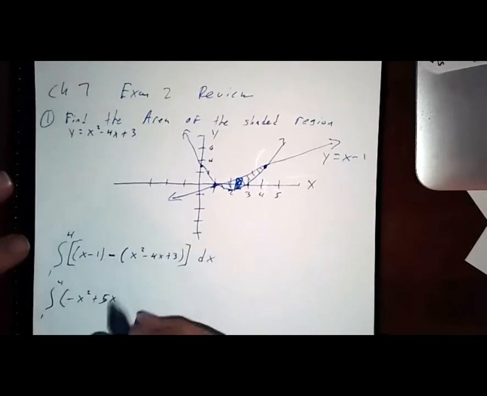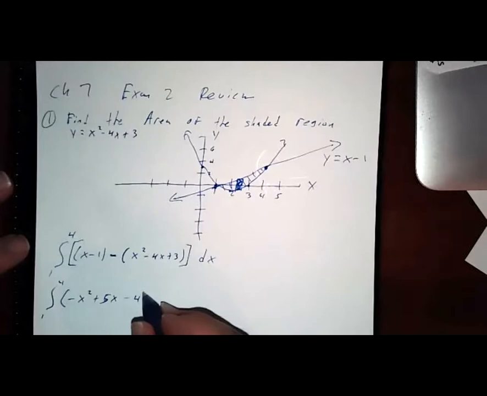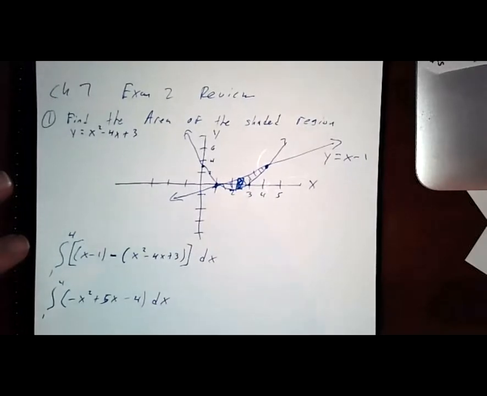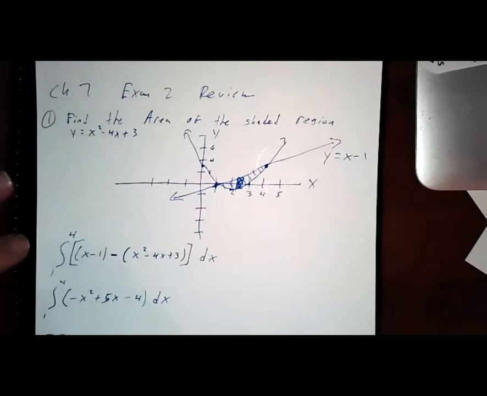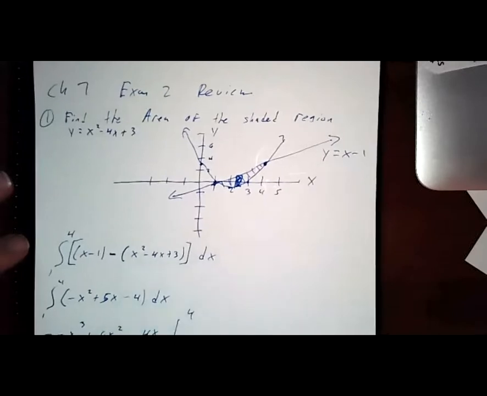Negative 1 minus 3 is negative 4 dx. Do your integral, and we get negative x cubed over 3 plus 5x squared over 2 minus 4x from 1 to 4.